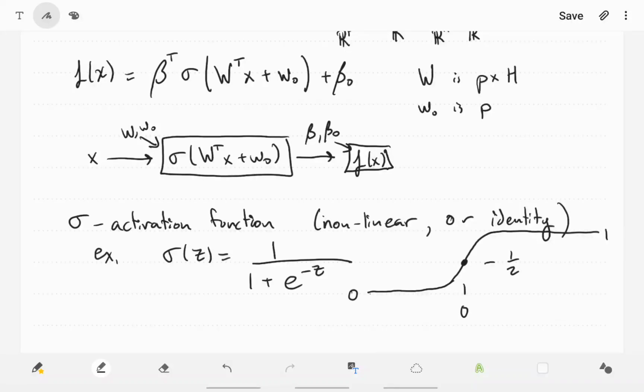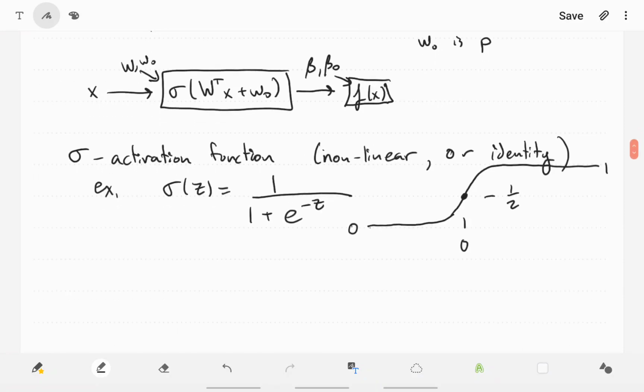Sorry, I got it mixed up with the tanh, which starts at -1 and goes through 0 at 0. Doesn't really change all that much. The basic idea is that this is a smooth surrogate for the indicator that z exceeds 0.